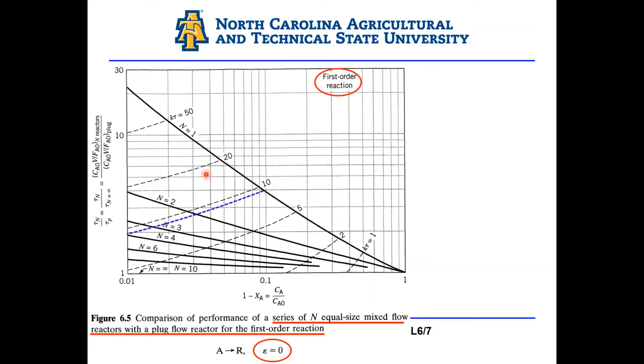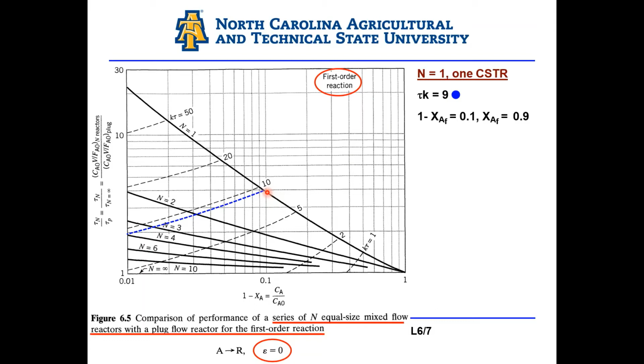Let's do a second type of comparison. In this case, I'm fixing my volume, so I'm fixing the k tau parameter here, and I'm seeing the conversion as the number of CSTRs in series increases. For the case of one CSTR, which is this point, we set tau k equal to 9, and our conversion is 0.9. This is similar to what was shown in the previous slide.